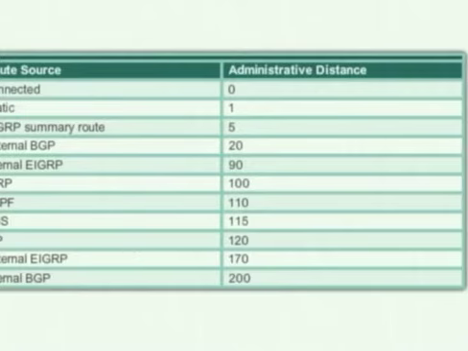The lower the administrative distance, the better. Whereas EIGRP has an administrative distance of 90 and the static route has an administrative distance of 1, obviously it will choose the static one, because the router chooses the route with the lowest administrative distance.